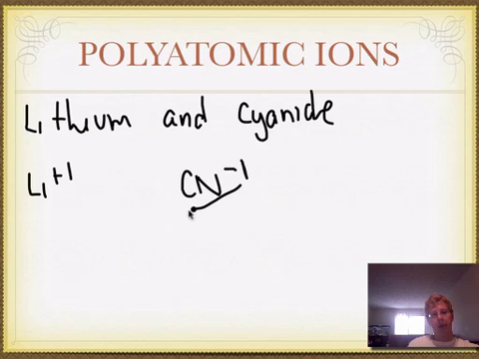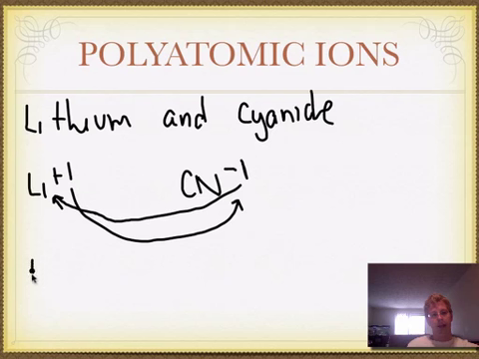And so just like before, I can take the charge from cyanide and the charge from lithium and switch them. And this says that I need 1 atom of lithium and 1 atom of cyanide to form LiCN.